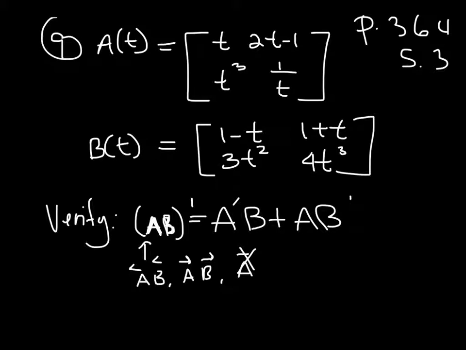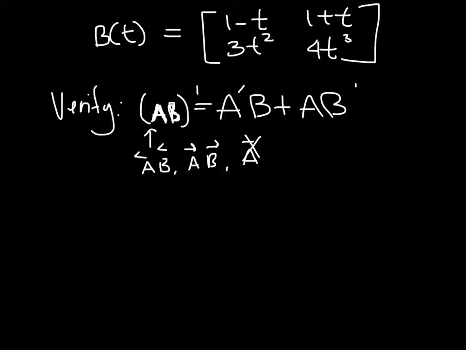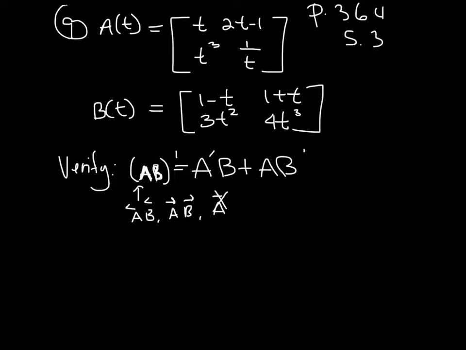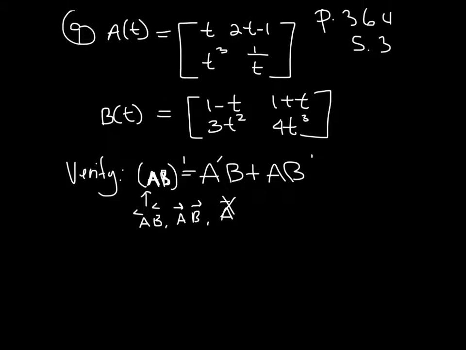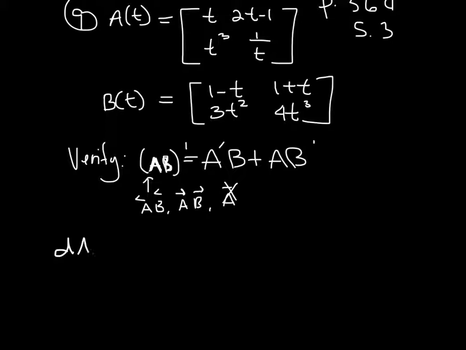In order to verify this, we have some matrix multiplication, and we have our prime, so we're definitely going to differentiate with respect to t. For our A of t, we're going to do dA dt, which is just the derivative of each entry.